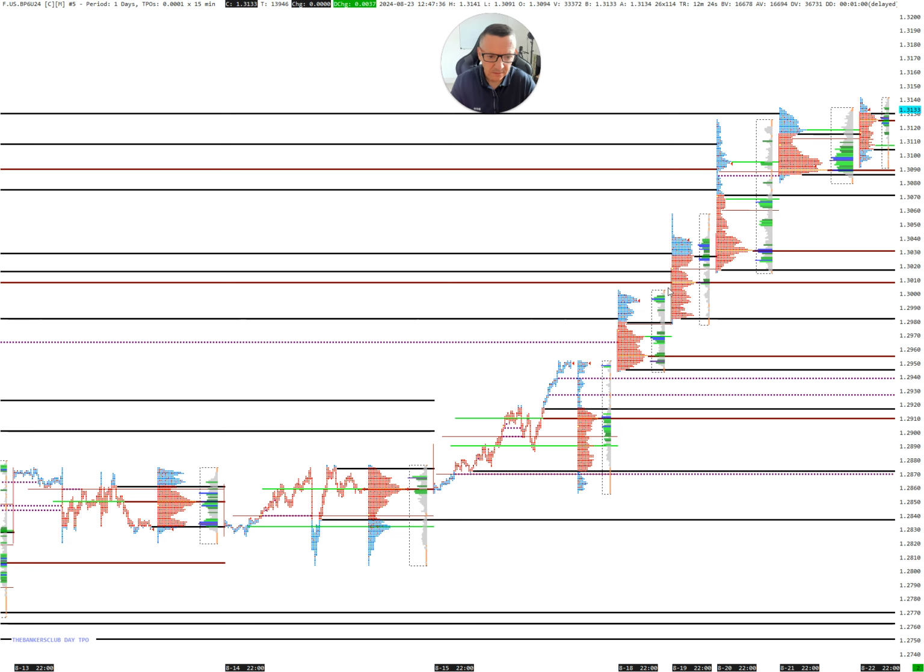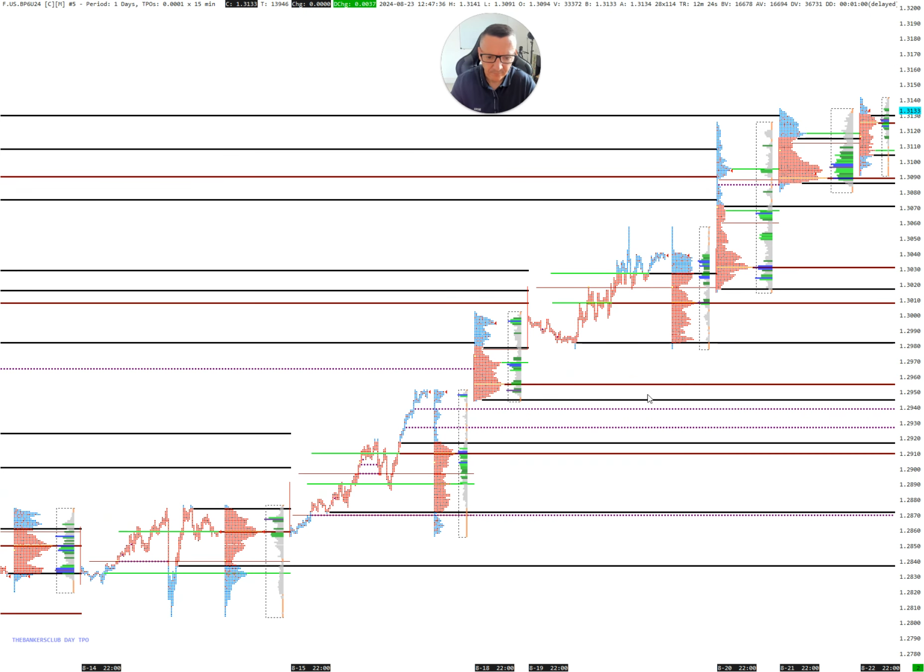And then let's have a look at this particular one. So you can see here, price opens up in this area, trades down to the value area high of the previous day, because this is the value area high. Here, you have to excuse my writing, I'm using a mouse, but hey, there you go.